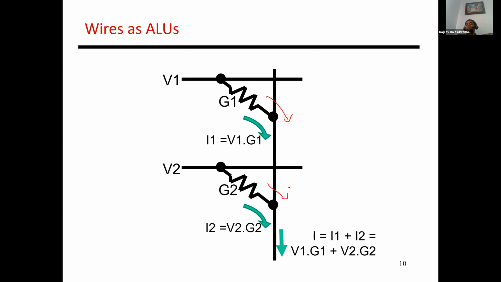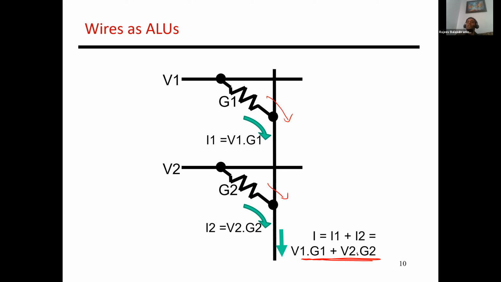Because they're both injecting current into the same wire, that serves as addition. So the current equation is an example of multiplication, and 2 wires merging is an example of addition.